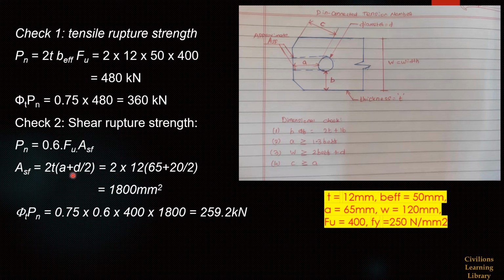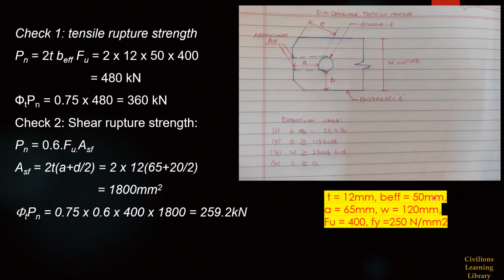So 2 into t, the thickness, plus the A value we already calculated earlier, 65, plus diameter by 2. From this we can calculate the Asf. So our design Pn is equal to 0.75, the factor of safety, into 0.6 into Fu, 400, into this area, 1800. So the capacity for shear rupture strength is 259.2 kilonewton.